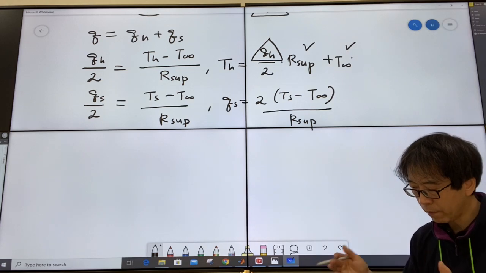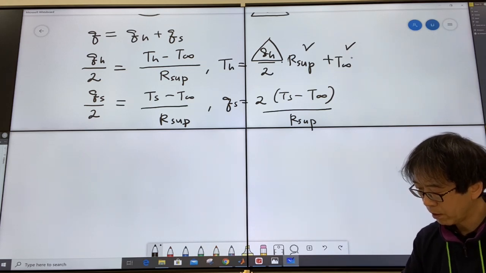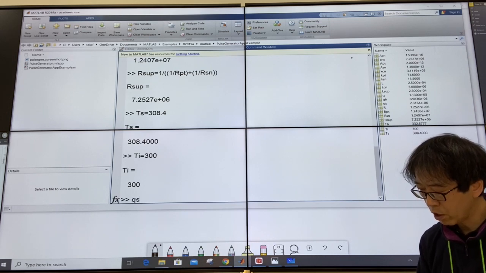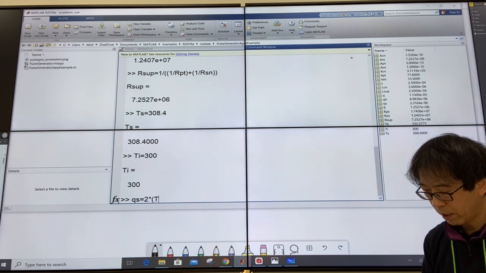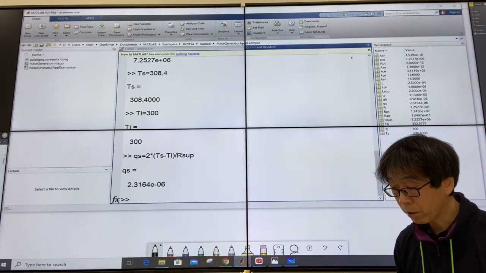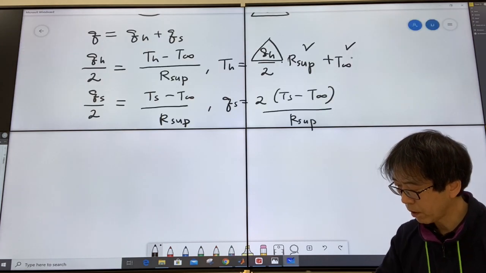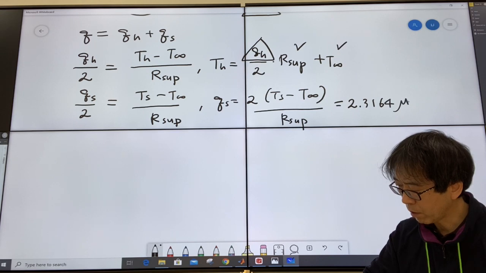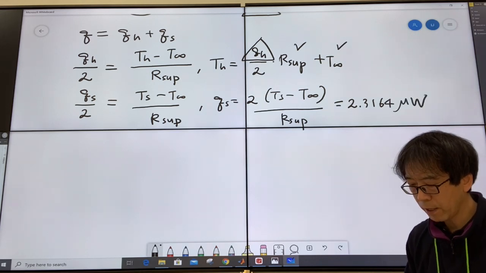Twice that difference divided by R supporting, which we have already calculated. QS equals twice TS minus T infinity divided by R supporting, and that's going to be 2.3164 microwatts. So I'll just write it down. This will be 2.3164 times 10 to the minus 6 watts, right?